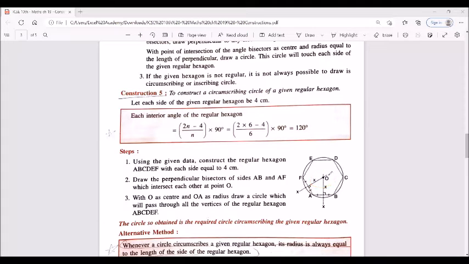What the teacher is going to look for is this perpendicular bisector. So what do you have to do? You start with a line which is 4 centimeter. Okay? You can start drawing along with me. Construct a circumscribing circle.